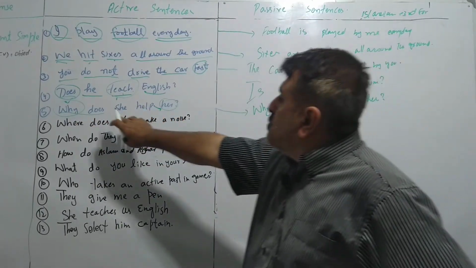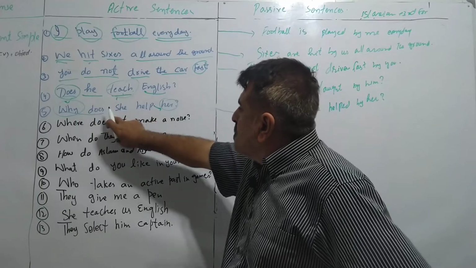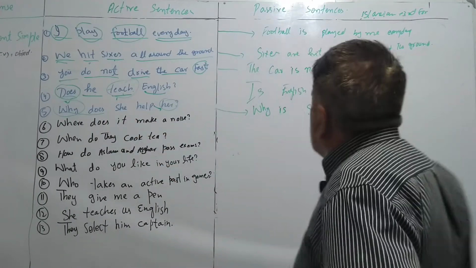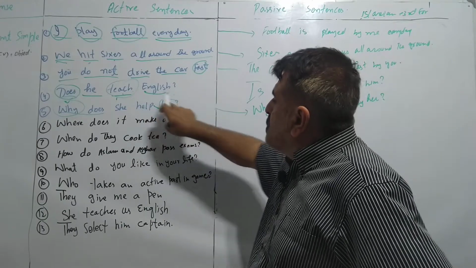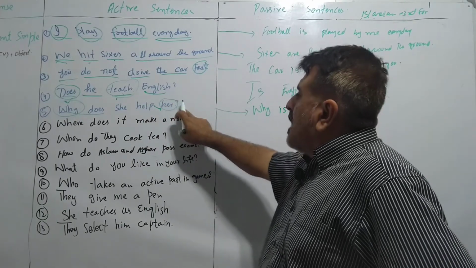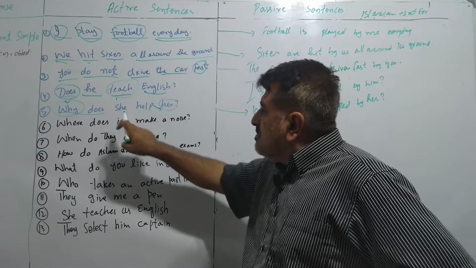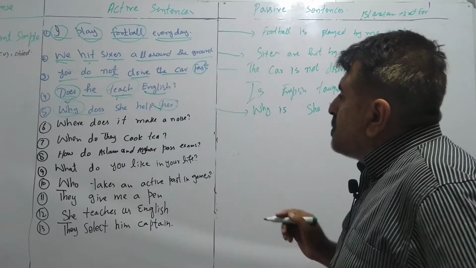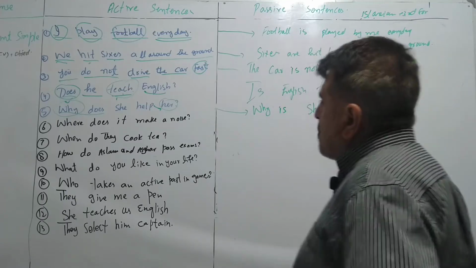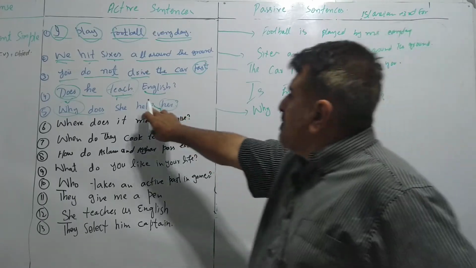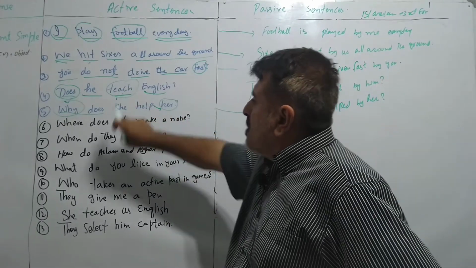Then I change this one just like a yes/no question. Her is the object, so afterwards we use the objective case, and before, as a subject, the subjective case is required.